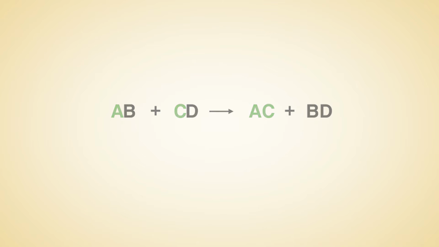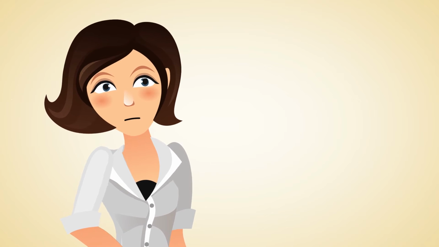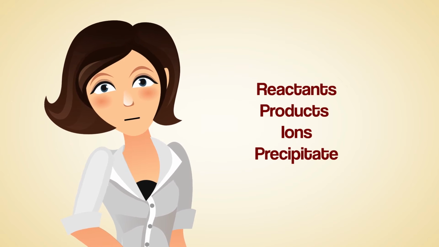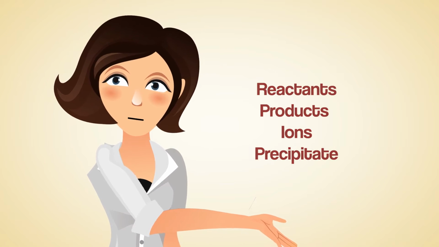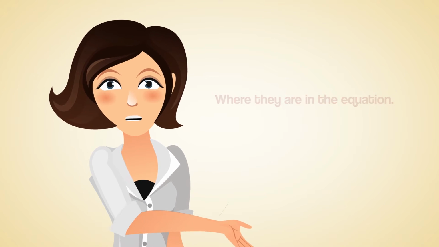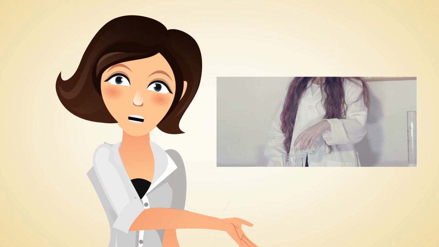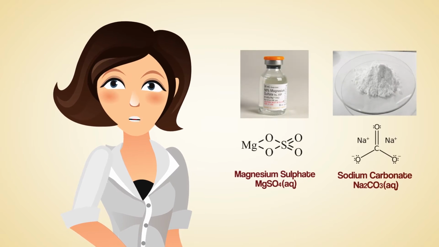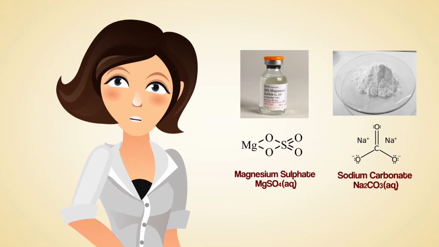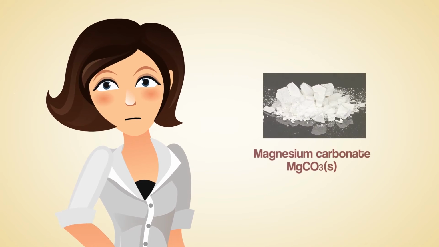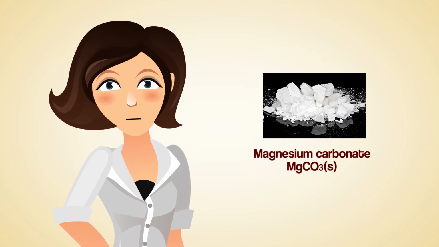To write the reaction that describes what has happened at the level of atoms, you have to identify the reactants, products, ions, precipitate, and identify where they are in the equation. In the experiment carried out by Luca and Daisy, the reactants are two soluble salts, magnesium sulfate and sodium carbonate, and the product precipitate is magnesium carbonate, an insoluble salt.